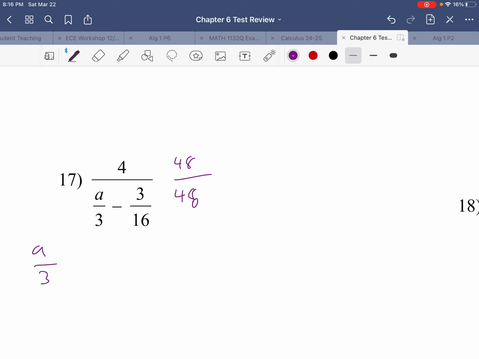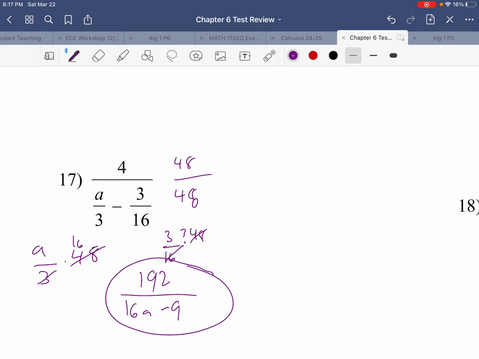So a over 3 times 48, if I divide 48 by 3, this is going to be 16 times a. If I have 3 divided by 16 times 48, this is going to be 3, so I'm going to subtract 9. And then 4 times 48, 4 times 40 would be 160, and then 8 times 4 is going to be 32, so this looks like 192 divided by 16a minus 9.